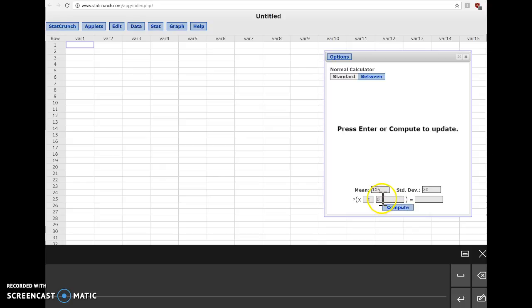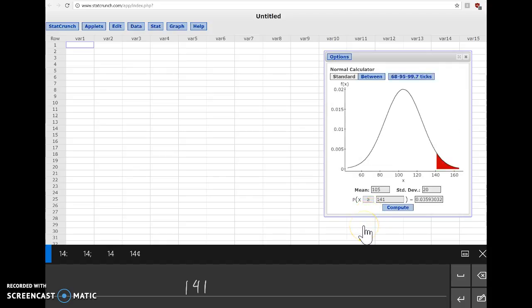And I know that my test score, my data score, remember data is X, so my test score is going to go right here, 141. But do we want the scores that are less than 141? No, we want the scores that are greater. So I'm going to have to make it greater than that.